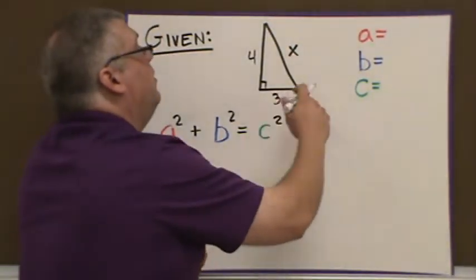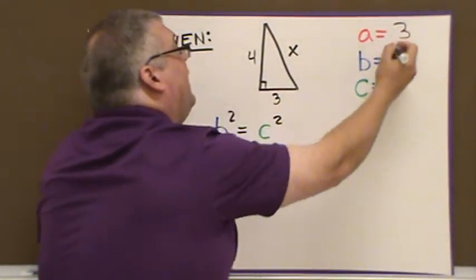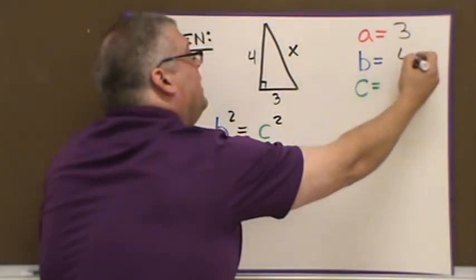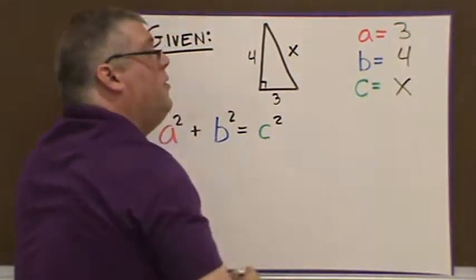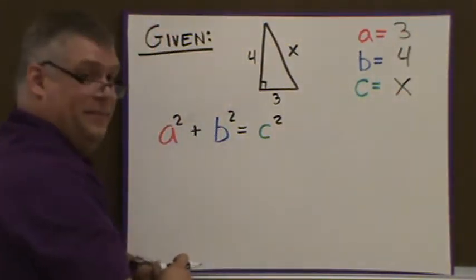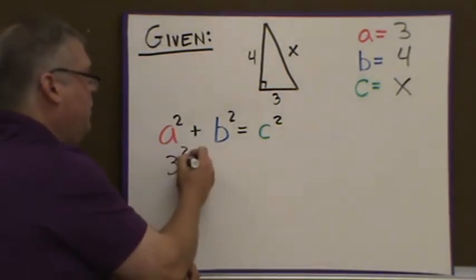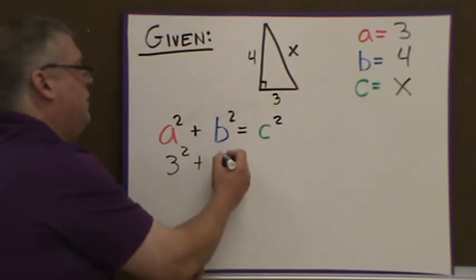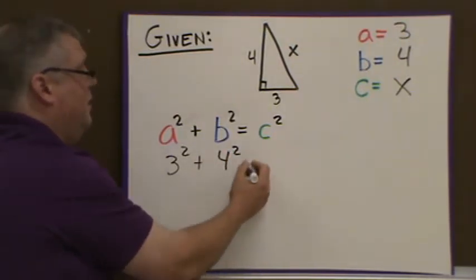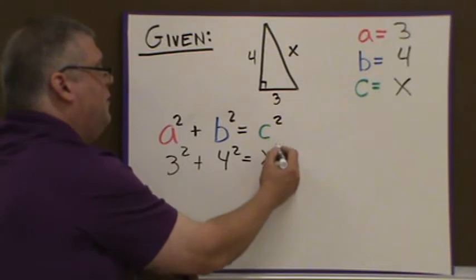So here, I'll use 3 for A, 4 for B, and we know my unknown has to be that x, the C. So plugging into the formula, I'm going to have 3 squared plus 4 squared equals x squared.